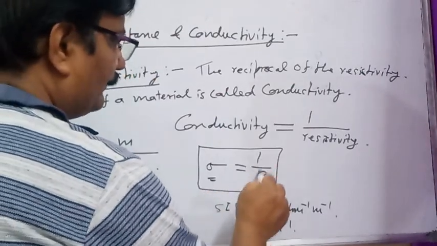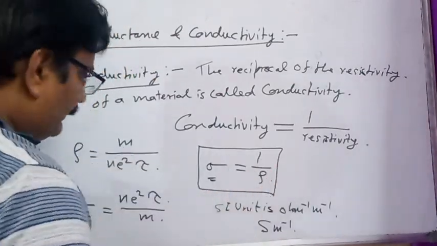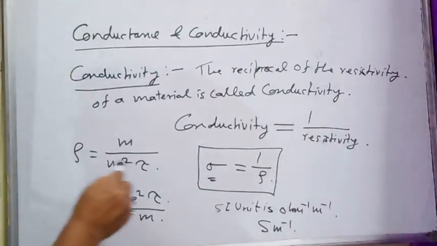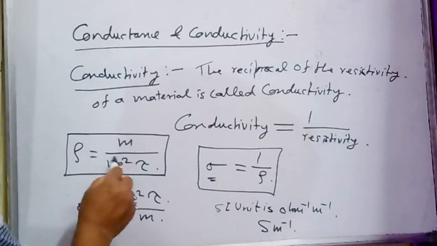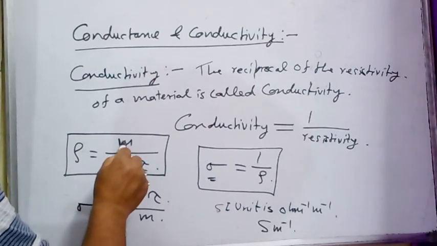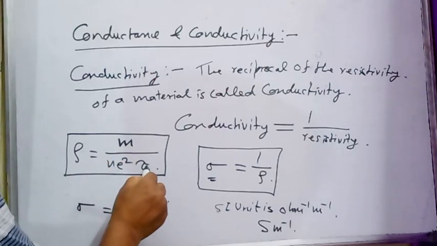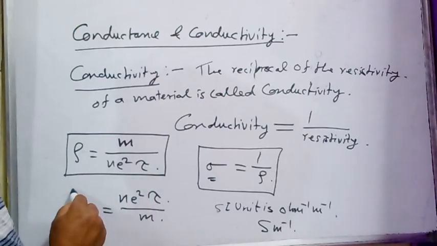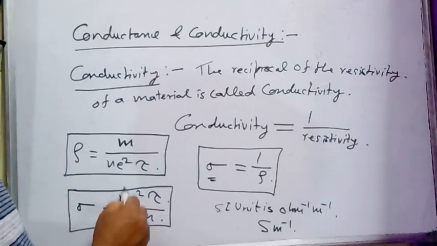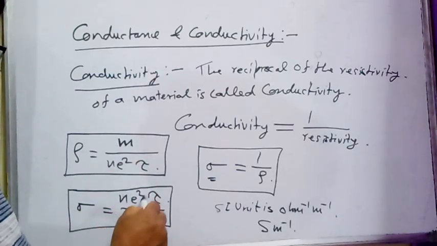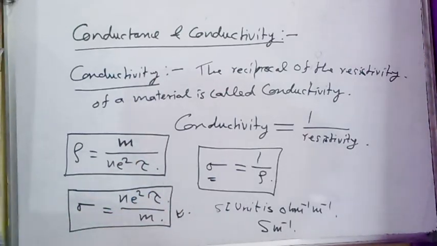So sigma equals 1 by rho, where rho is resistivity. And in the previous section we have seen the resistivity of the material is given by m divided by n e squared tau. So what can be the conductivity of the material? Sigma is equal to the reciprocal of this, that is n e squared tau divided by m.